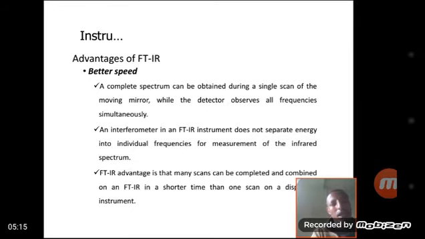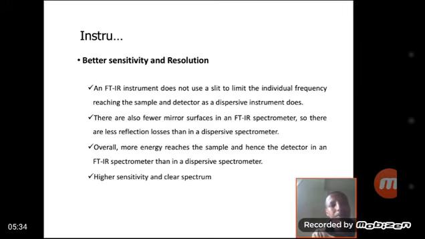The advantage of Fourier transform IR is that many scans can be completed and combined on the FTIR in a shorter time than one scan on a dispersive instrument, so it has a higher scanning speed than the dispersive IR spectrophotometer.